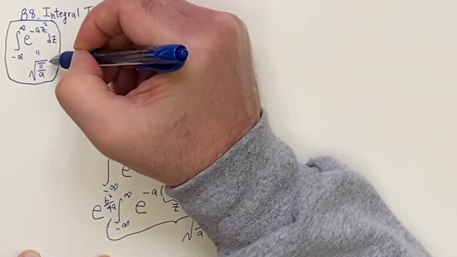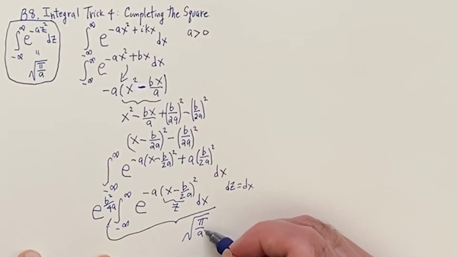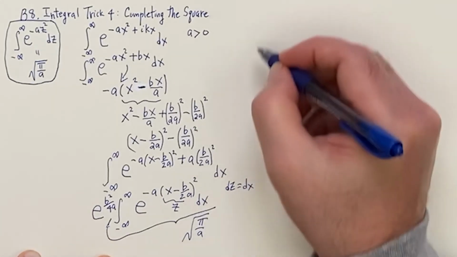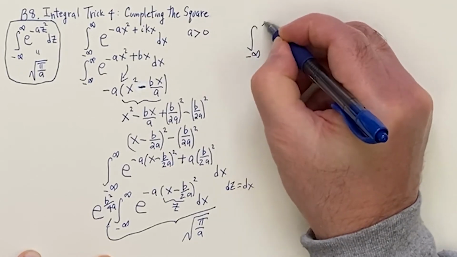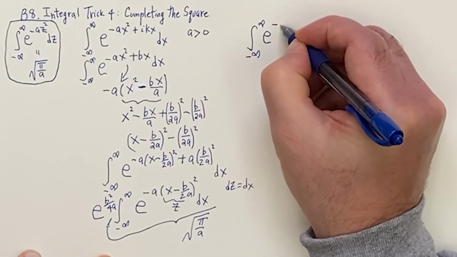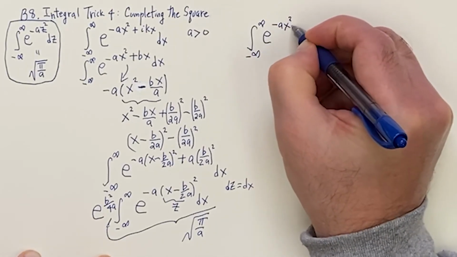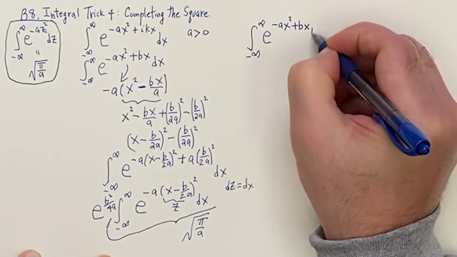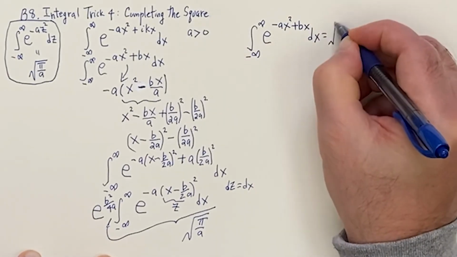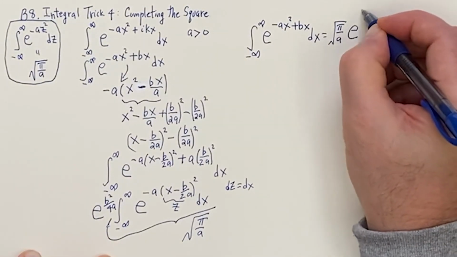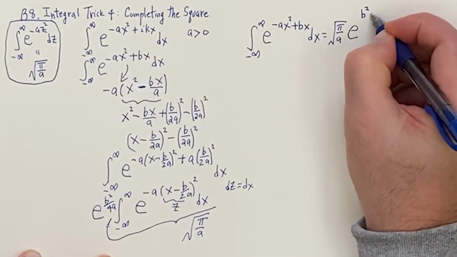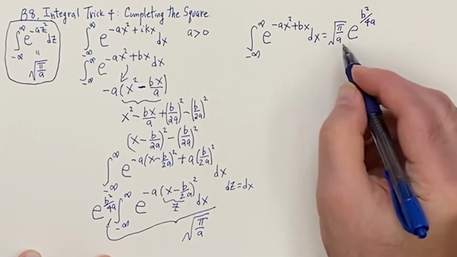And that's the square root of pi over a. So we have the answer. So let's recopy this. Minus infinity to plus infinity, e to the minus ax squared plus bx is the square root of pi over a, and then e to the b squared over 4a.